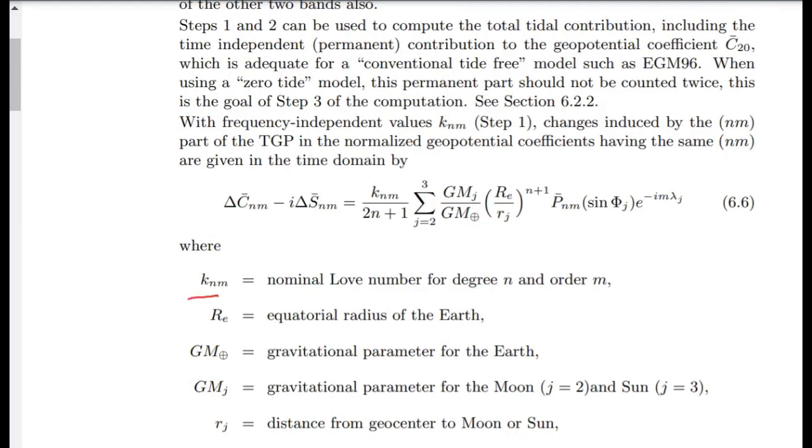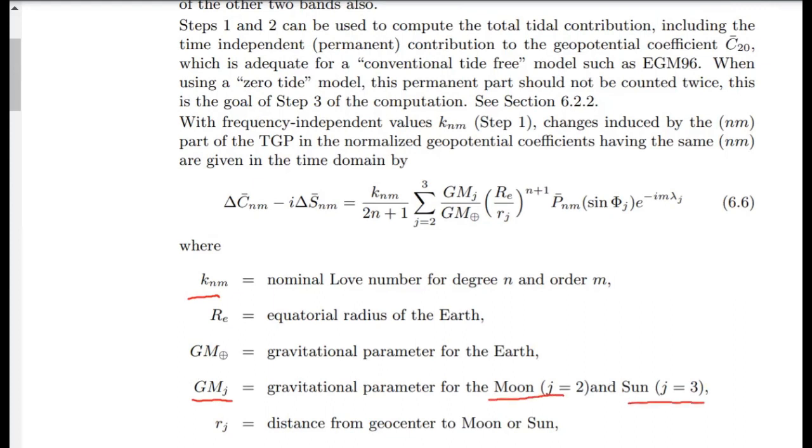So k is the Love number. It shows the ratio of deformation with respect to the original shape of the Earth. And GM_j is the gravitational parameter of the moon, and for the sun j is 3.